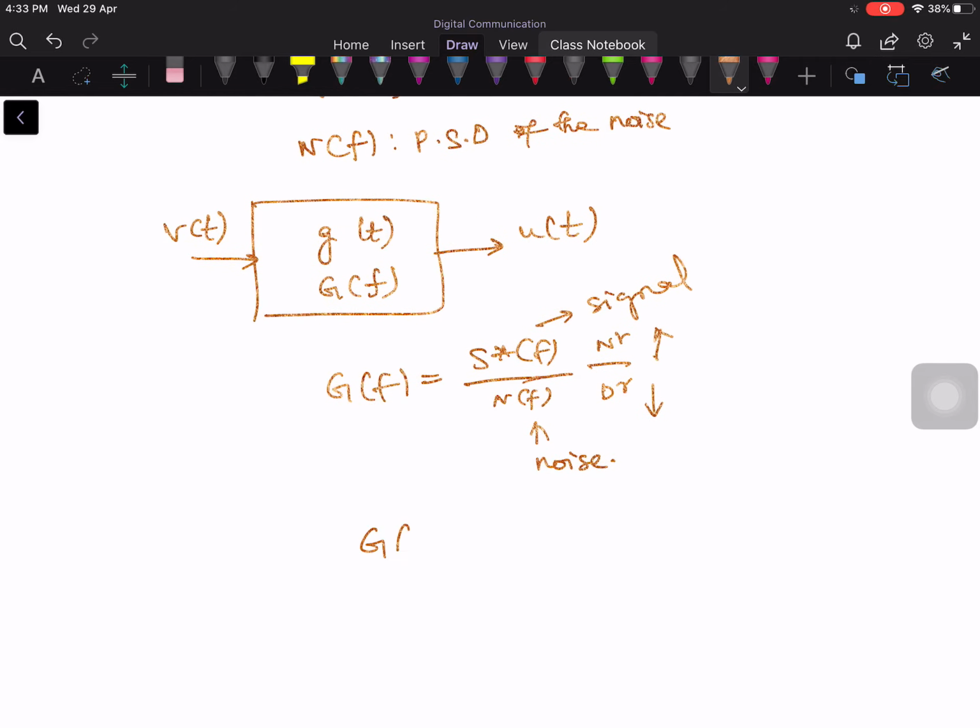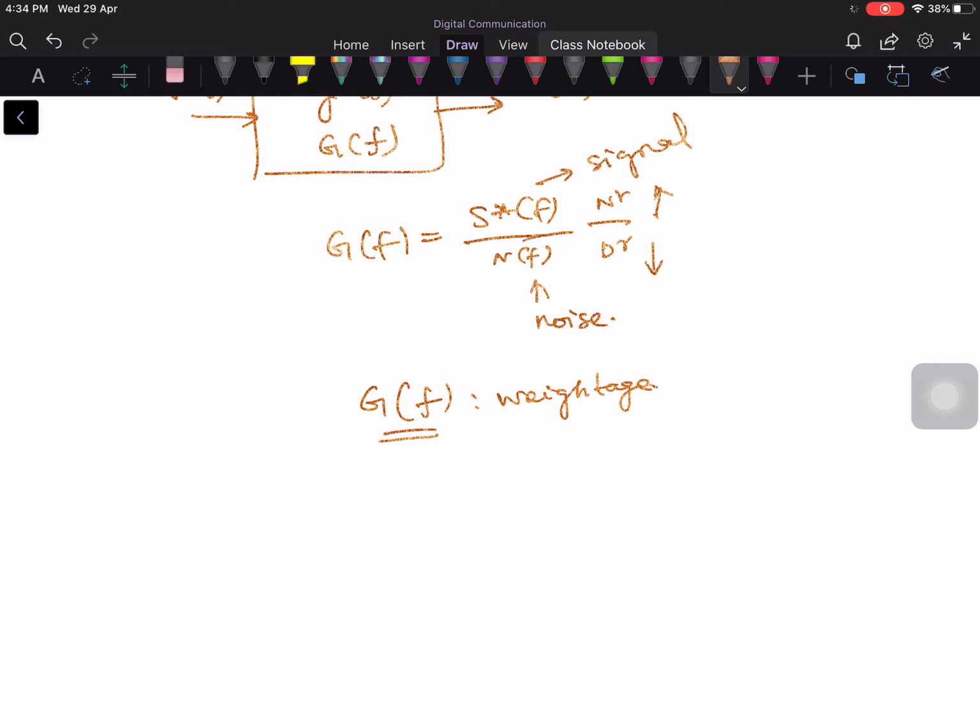You can think of it as giving some kind of weightage to the input signal, since the input is multiplied by G(f). Whenever the numerator is high it gives more weightage, and whenever the denominator is high it gives less weightage.